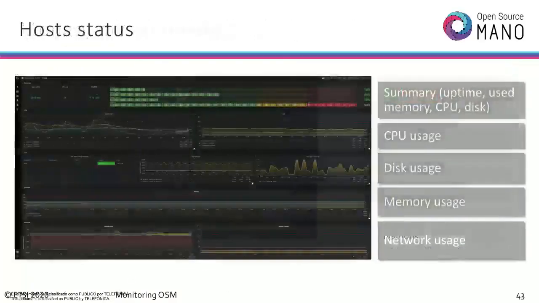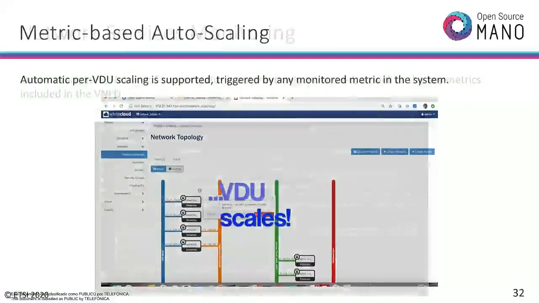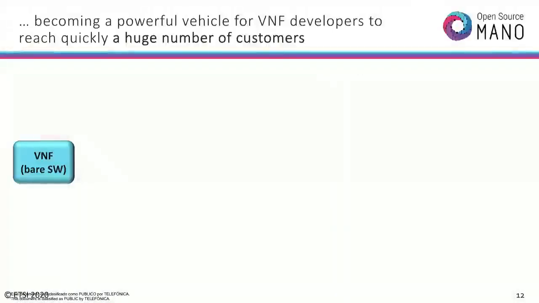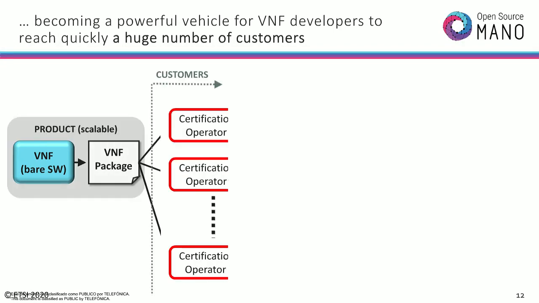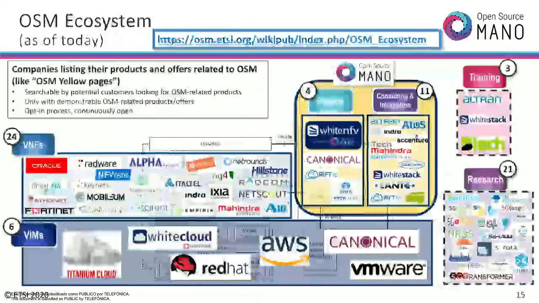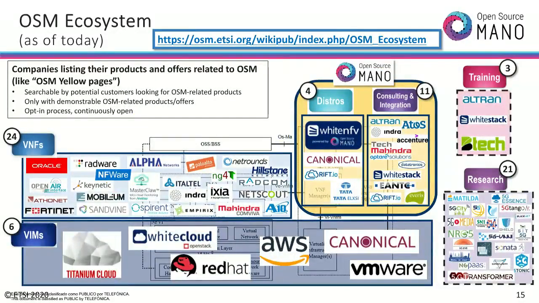By the way, here you can see the list of components, so I can show you how to navigate around the OSM community and who offers what. In the distros you have also Tata ETSI as a distro, and Rift.io.